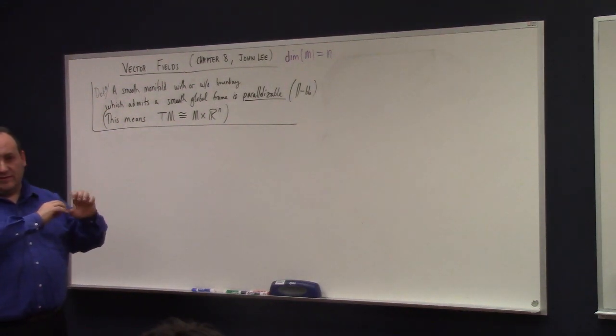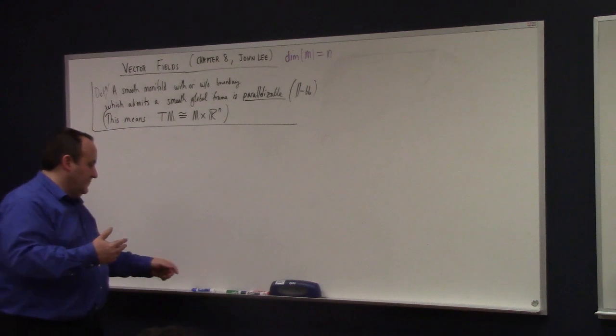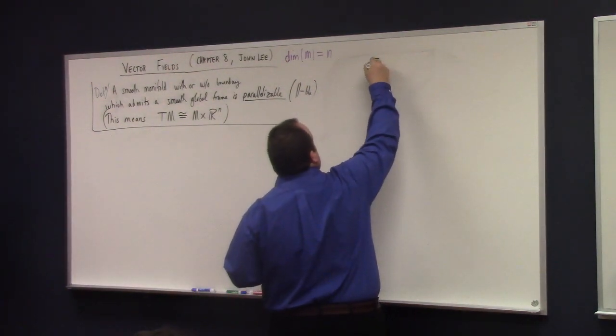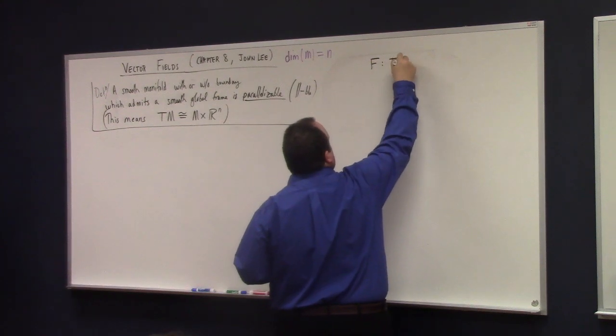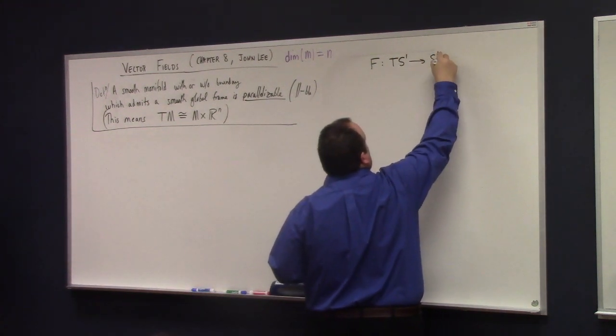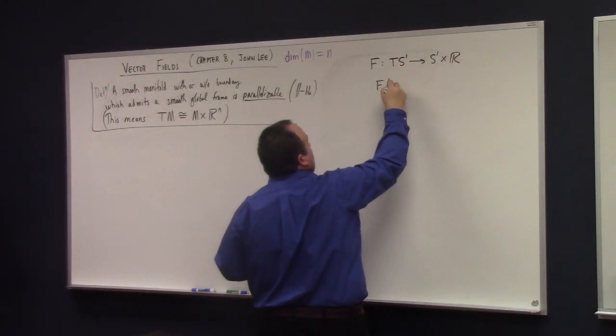That is actually what allowed you to write the diffeomorphism from the tangent bundle to the circle cross R. And the mapping, I believe, is just this.